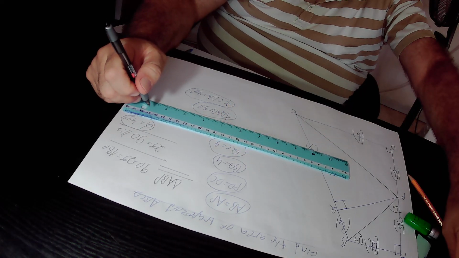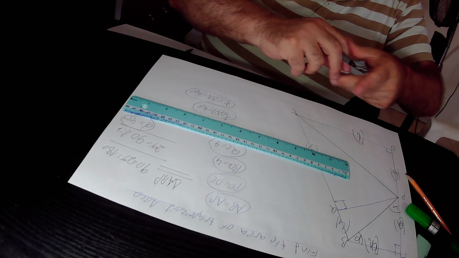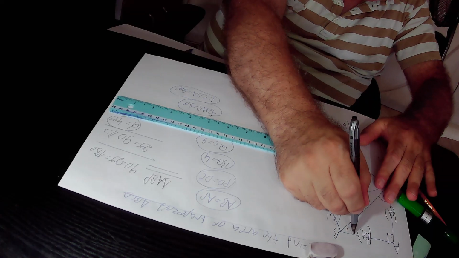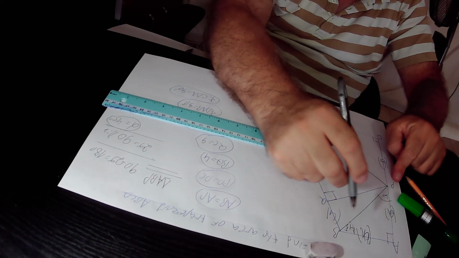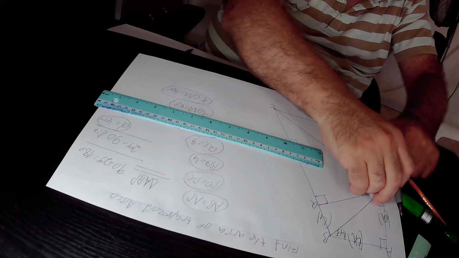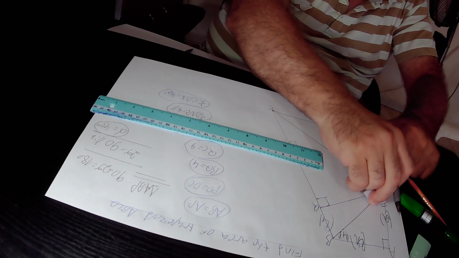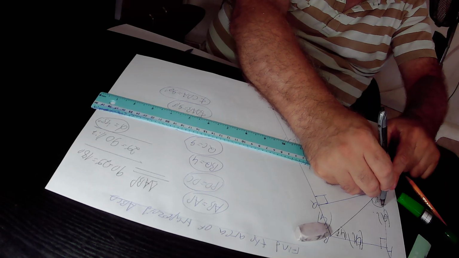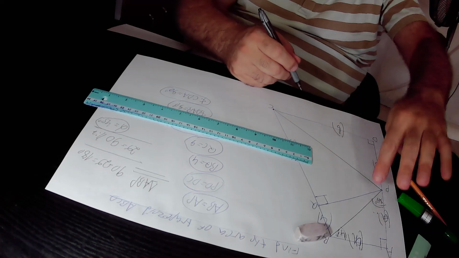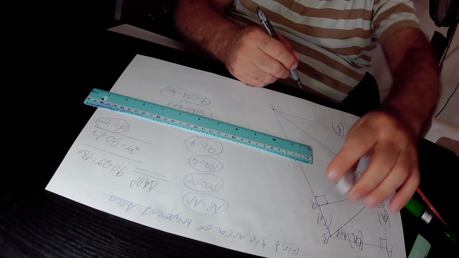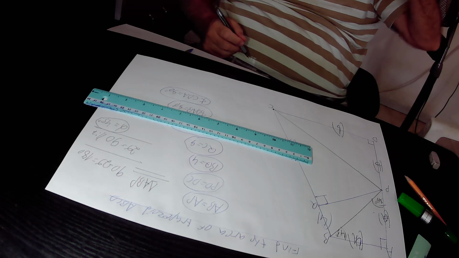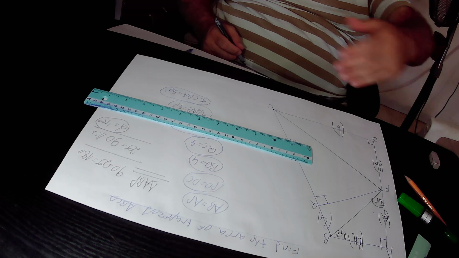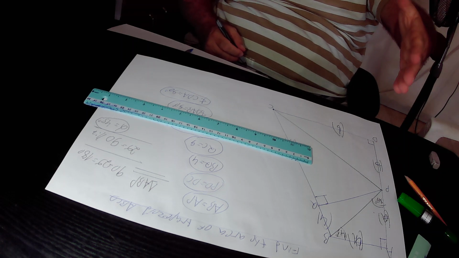So actually, this is angle alpha, the size of this angle alpha is 45 degrees. The size of this angle alpha is also 45 degrees. So we can conclude from this specific example that any right angle that is also an isosceles triangle will always have the same three angles.